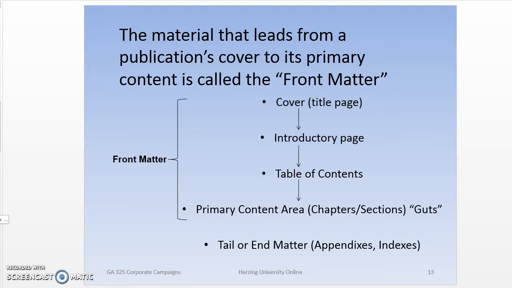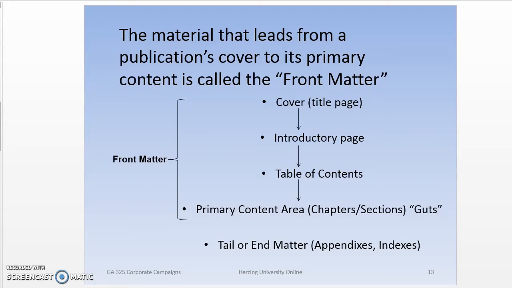Some publications, such as books or magazines, have a cover page which leads to an introductory section and a table of contents. This usually is followed by the core of the articles or sections of the publication, referred to as the guts. Some literature also includes indexes, glossaries, and bibliographies.